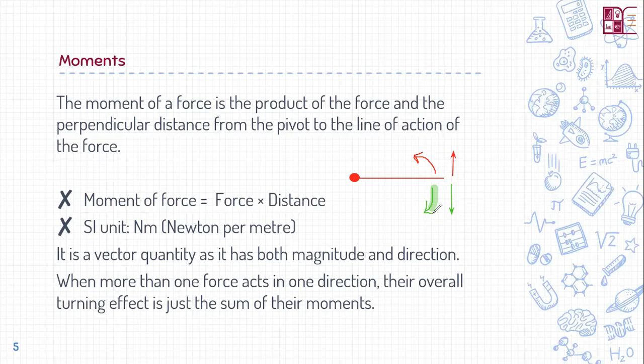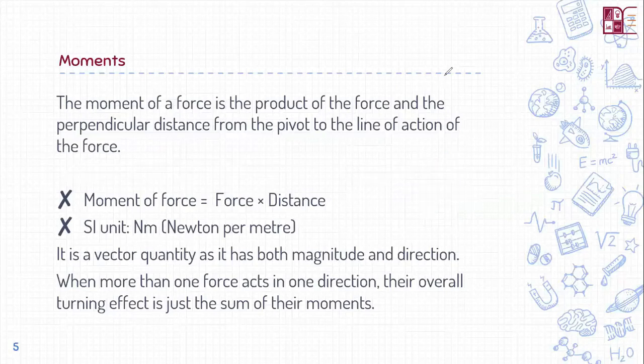Now if all the moments of all the forces are acting in one direction, the turning effect is the sum of their moments. If they are in opposing direction, then obviously the difference will be taken, and we're going to look at that in the next slides and also in the coming practice examples.